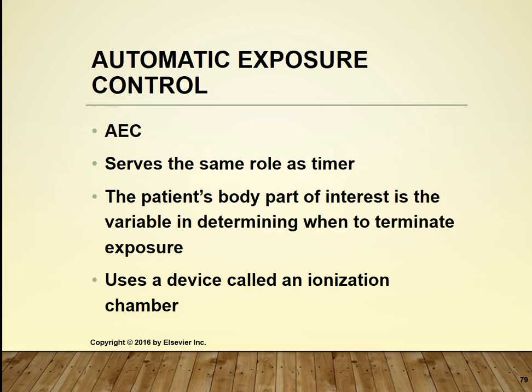When you use AEC, think about having an infant, say a 9-month-old, and then a 40-year-old average-sized man, and you were to do an x-ray on both of them. You could basically choose the same exposure for both, but which one is going to hit the timer, or the ionization chamber, quicker?